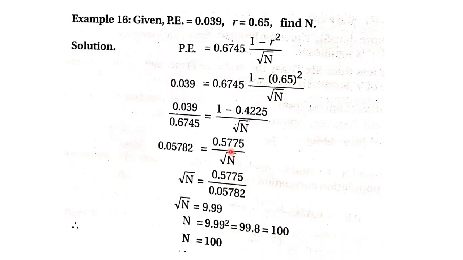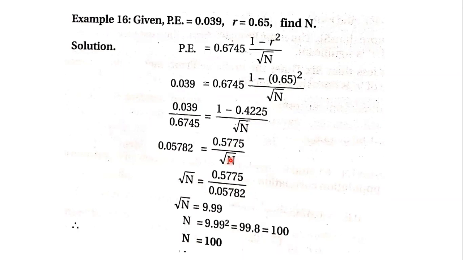So you are left with square root of N and it is easy to find the value of N. That is what we are trying to do. So first we took this constant 0.6745 to the other side where it became division, and the value after division is 0.05782. Then on the right hand side we simplified 1 minus 0.65 square and the total you get is 0.5775 whole divided by square root of N.